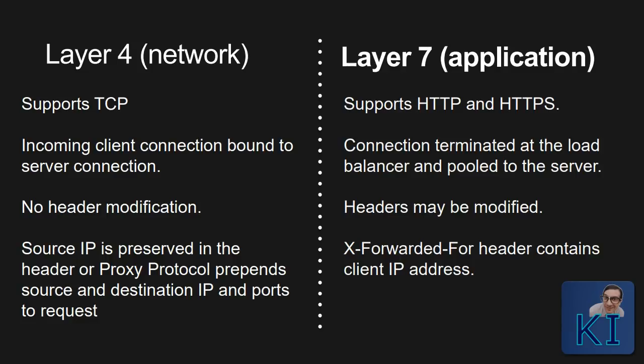Because the source IP would actually become the IP address of the load balancer, since the new connection is originating from the load balancer to your EC2 instance. This is in the case of an application load balancer. But in the case of a network load balancer, as I told you, the connection which is coming doesn't get terminated. The same connection continues, and hence the source IP of the client or sender would be preserved. So that's a good thing.